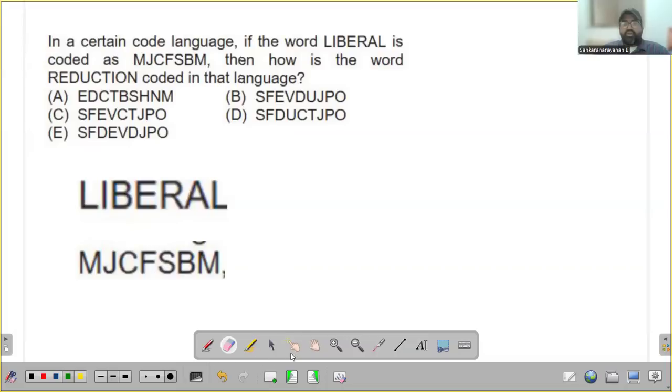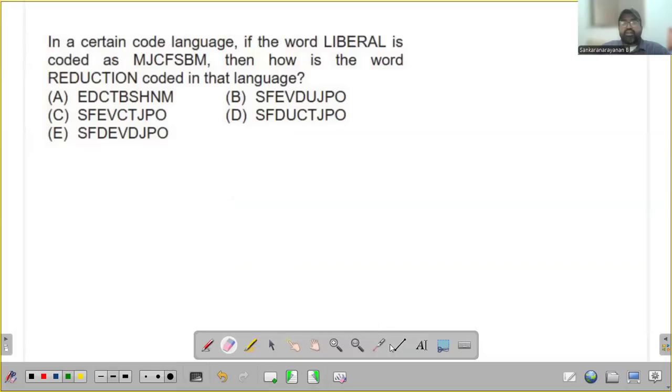Okay. Now, when I am going ahead with the target here, how is the word reduction coded? That is the question.